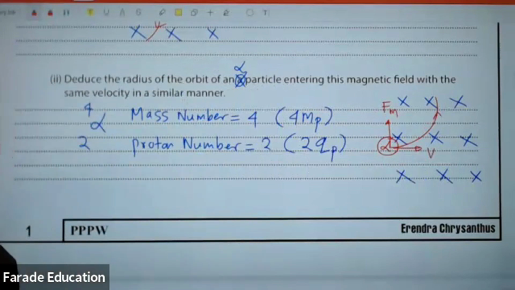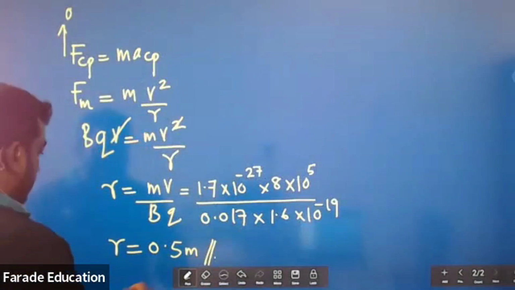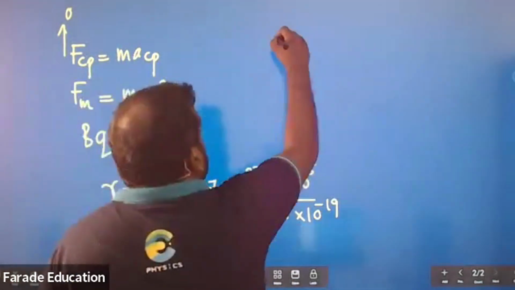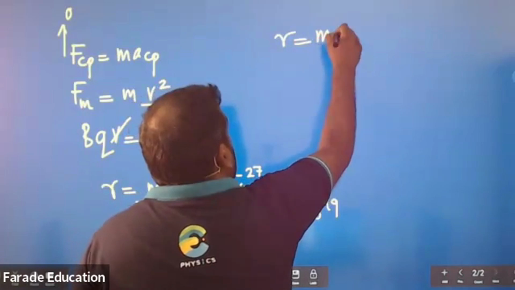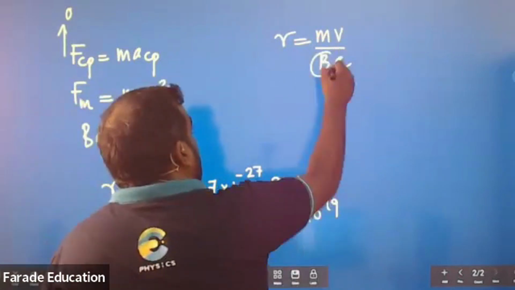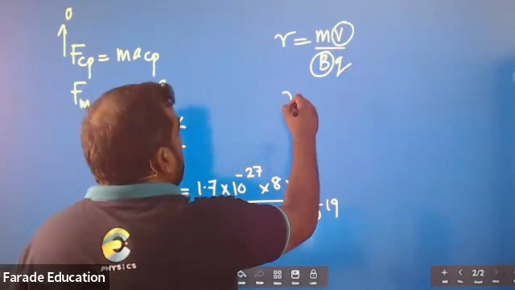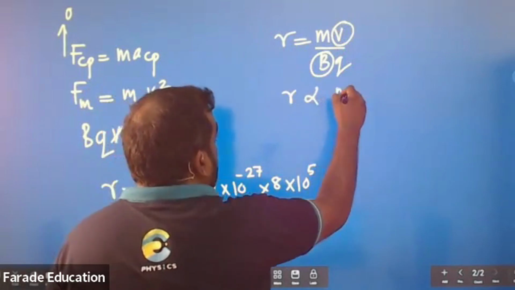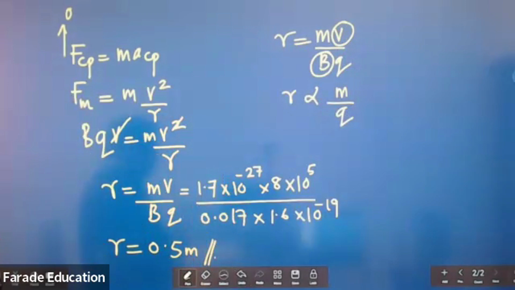Now, if you look at this earlier relationship, radius equals mv over bq. Magnetic field is constant, velocity is constant, so radius is proportional to the mass to charge ratio.